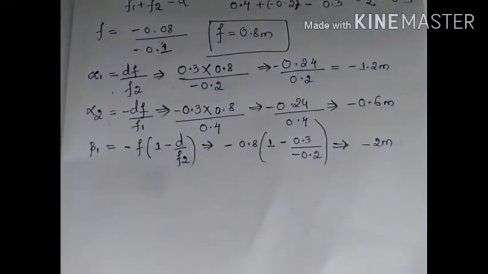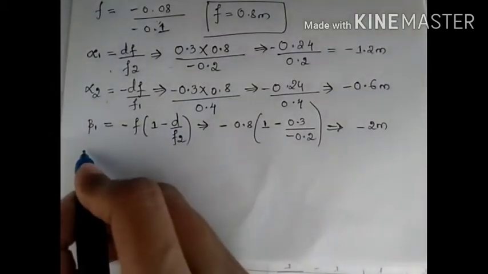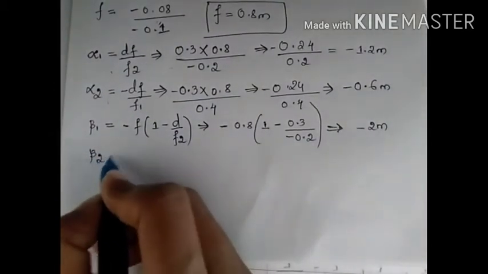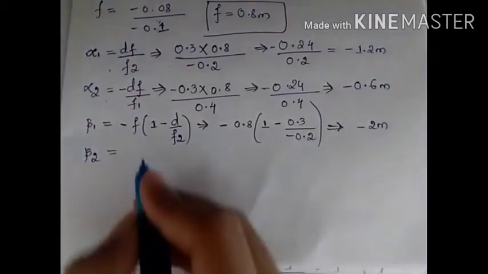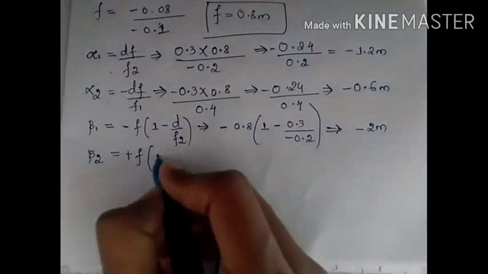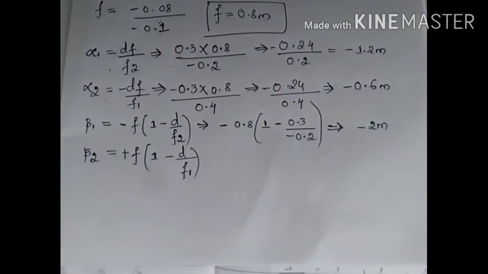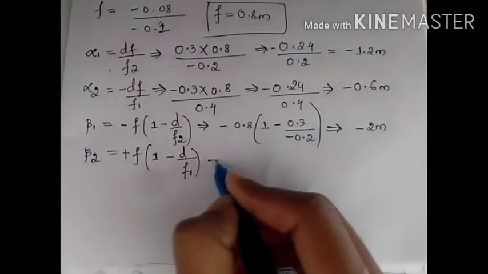So beta 1 is minus 2 meters. Now let us find what is beta 2. Beta 2 has got the same formula but with positive sign, f multiplied by 1 minus d by f1. So here it is d by f1.